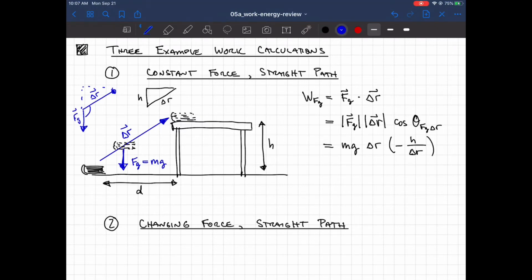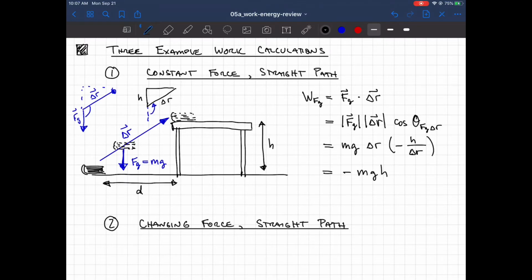So the angle here is this, and the cosine of that angle is going to be negative h over delta r. So what do we get? We get that the work done by the force of gravity is equal to minus mgh.